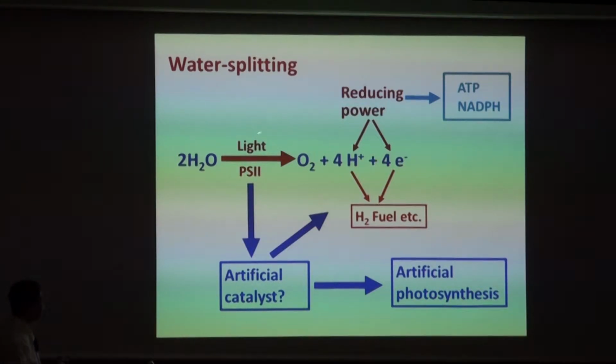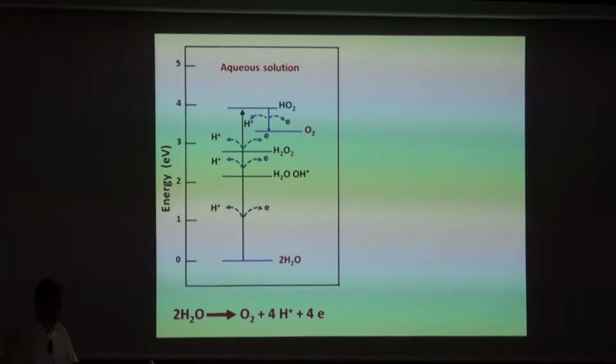But the key for this reaction in artificial photosynthesis is the catalyst. How can you obtain an efficient catalyst that is able to catalyze this reaction? As I mentioned, water splitting will never occur without a catalyst.